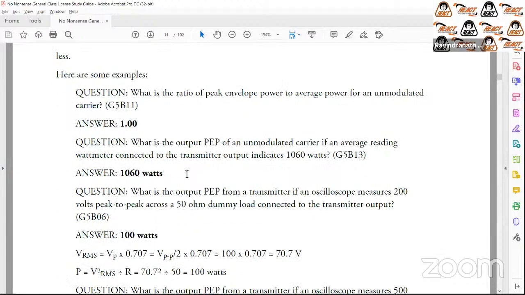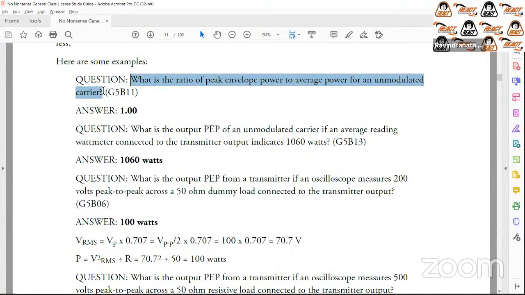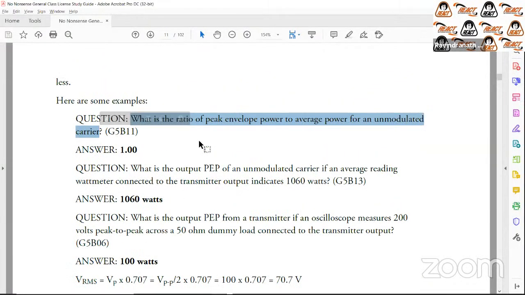Okay, so let's go to another question in the question pool that talks about PEP. So last class, we had a couple of graphs or oscilloscope graphs on the screen, and that's why we did those graphs, to be able to answer these types of questions. What is the ratio of peak envelope power to average power for an unmodulated carrier?